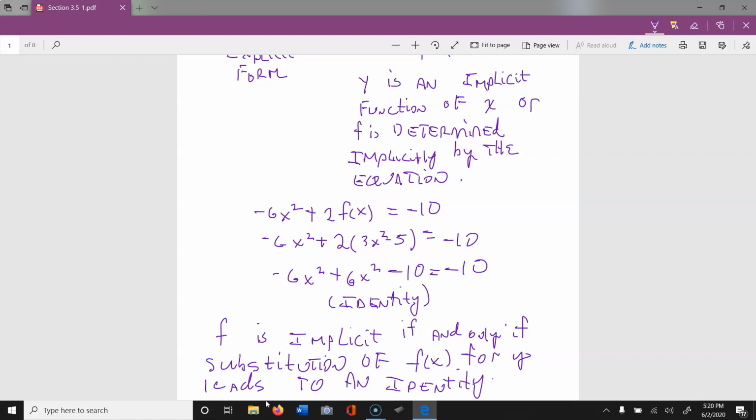Okay? So f is implicit if and only if substitution of f of x for y leads to an identity. All right?